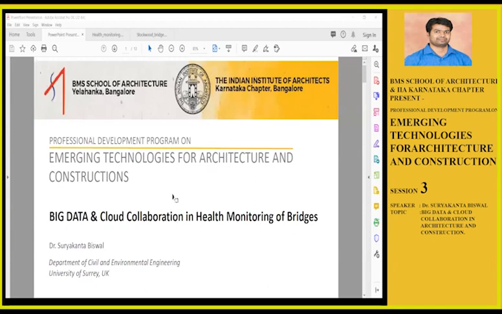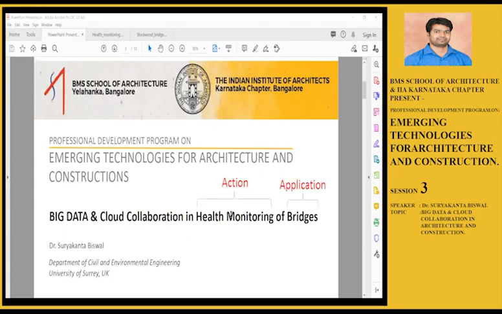I hope you can see my screen. Today I'll be talking about big data and cloud collaboration, mainly in the health monitoring of bridges. The action here is health monitoring, but the action can be anything, and you can apply this to any other structures also.